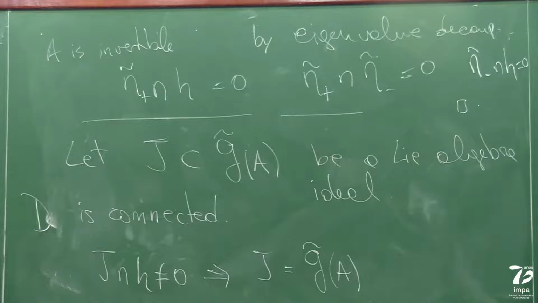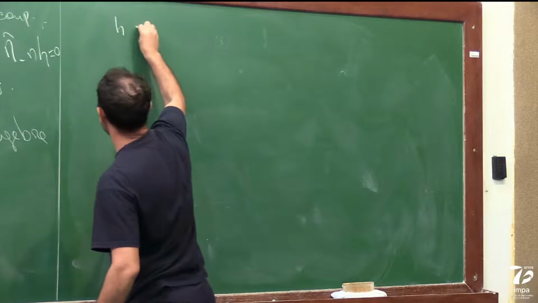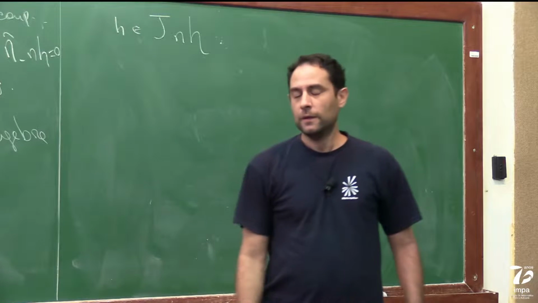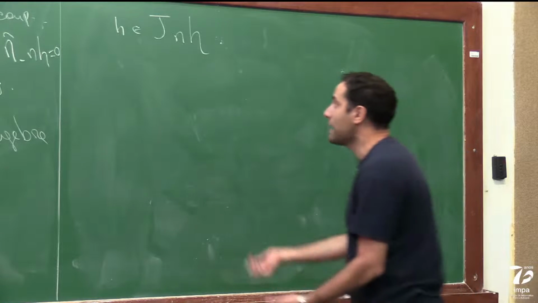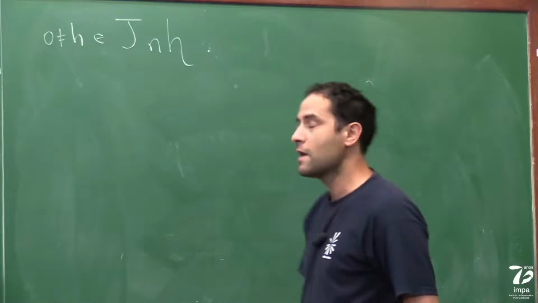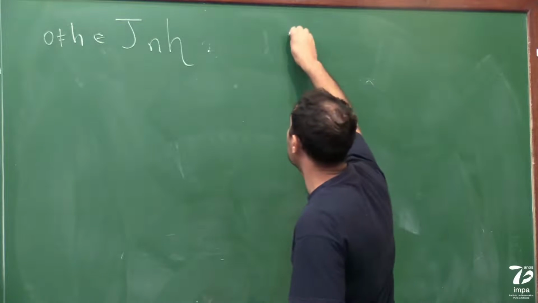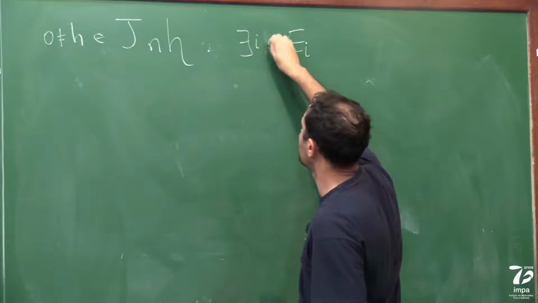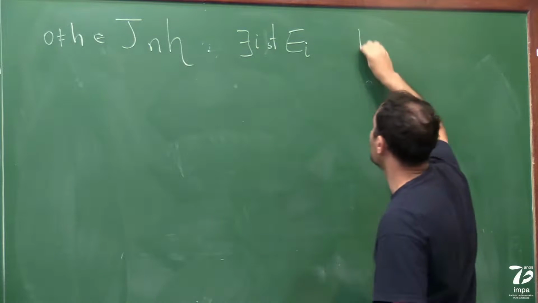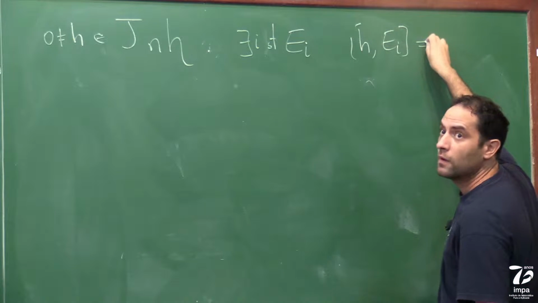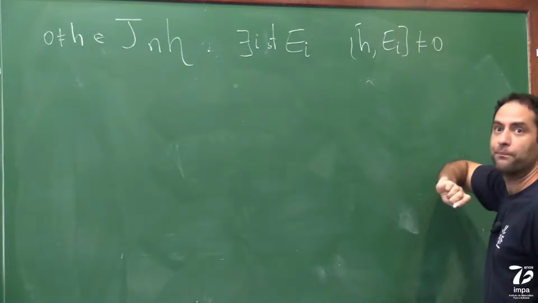Suppose that you have such an element. Let's suppose that you have an element H in the intersection of your ideal with H. So then this guy is non-zero by assumption. And then I claim that there exists I such that H bracket EI is a multiple of EI, and I claim that it's non-zero.